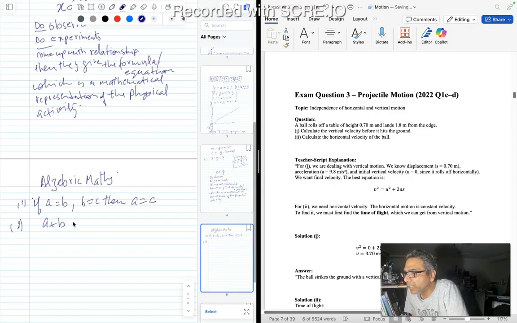Second, A plus B equals C is also C equals A plus B. Any difference? Okay. Third, A times B is equal to B times A. Correct?